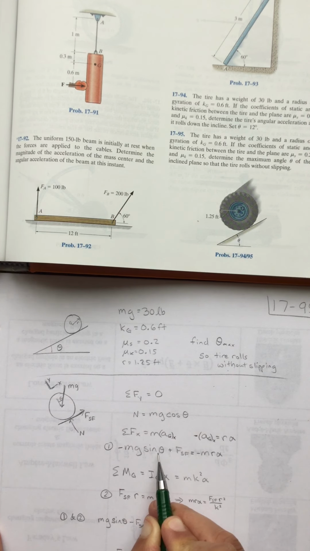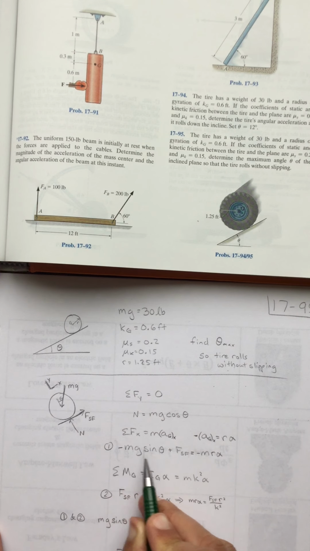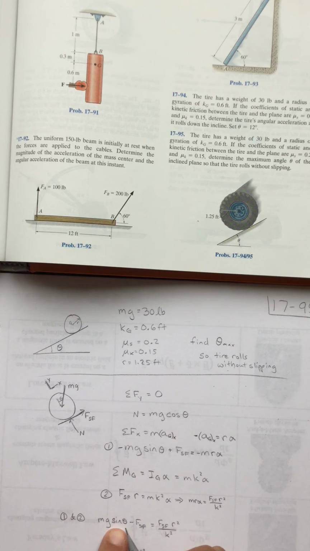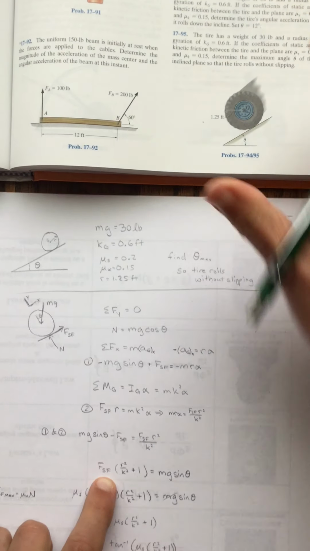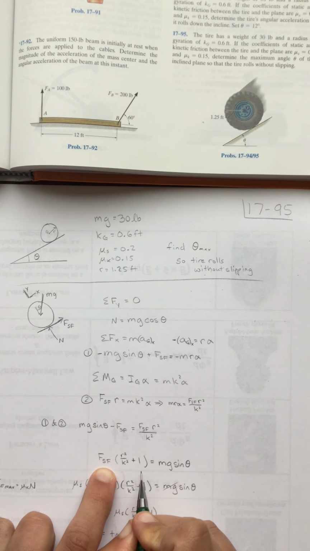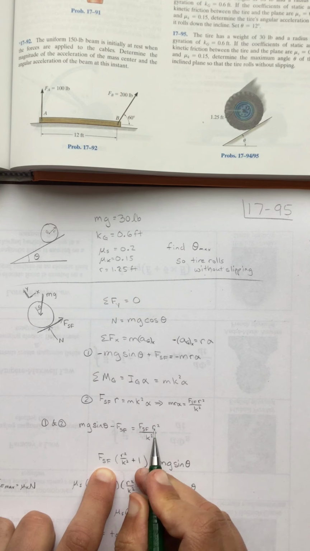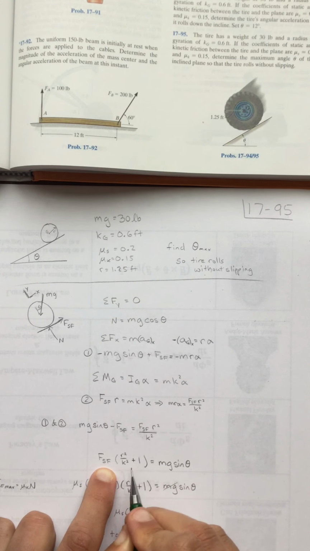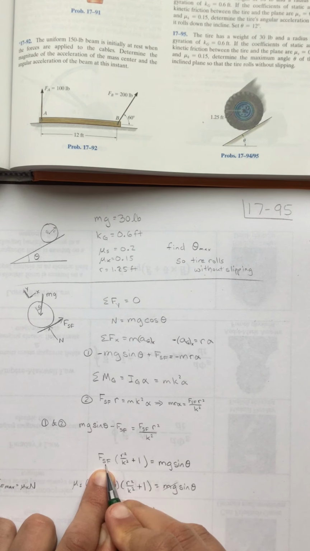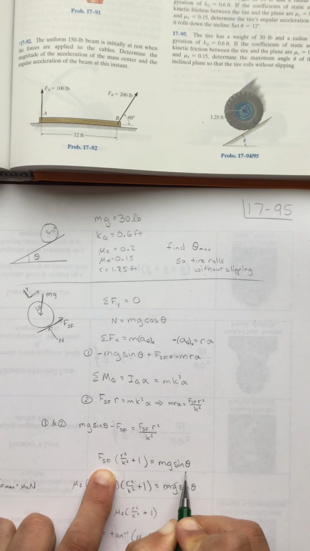Then I can take equation 1, multiply on both sides by -1, so I get mg sine theta minus force of static friction, and then put this in for m r alpha, and we get this equation here. I can bring the two terms with the force of static friction over to the same side, and that gives me this. Pull out the force of static friction. I have 1 on the other side, and this is r squared over k squared, so that's r squared over k squared plus 1 times the force of static friction is equal to mg sine theta.